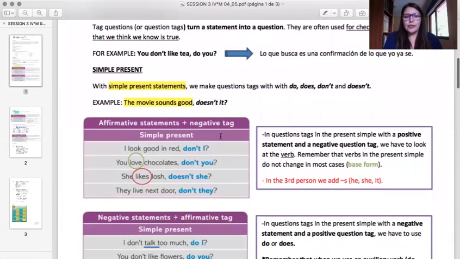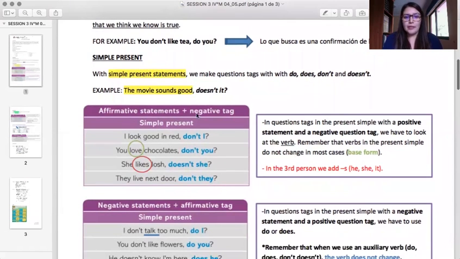In the simple present, we make the question tags with do, does, don't, and doesn't, the auxiliary verb of the tense. Okay, for example, the movie sounds good, doesn't it? We have the statement, the movie sounds good, and then I have the question tag, doesn't it? Okay, in the affirmative statements and question tags, we have to look at the verb, okay?